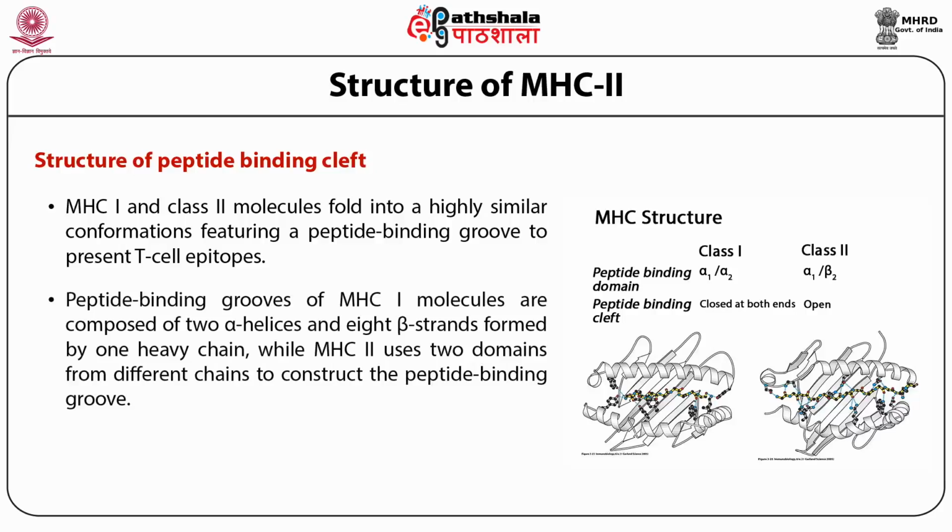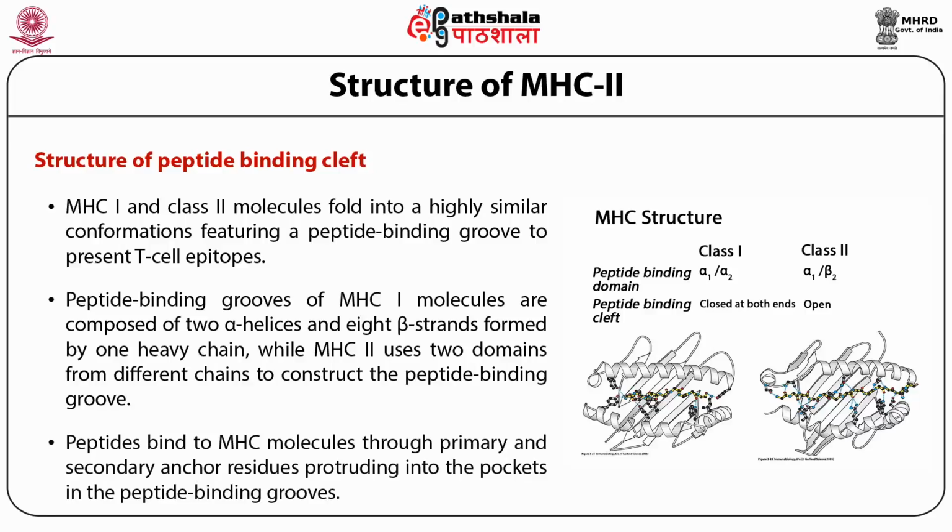The peptide binding groove of MHC-I molecules is composed of 2 alpha helices and 8 beta strands formed by 1 heavy chain, while MHC-II uses 2 domains from different chains to construct the peptide binding groove. The peptides bind to MHC molecules through primary and secondary anchor residues protruding into the pockets in the peptide binding groove.